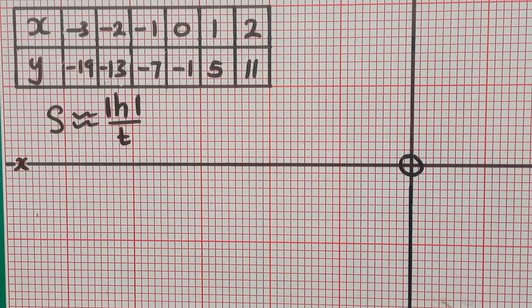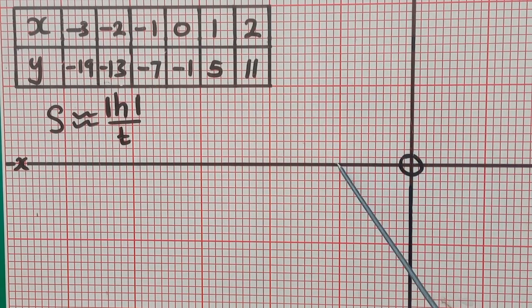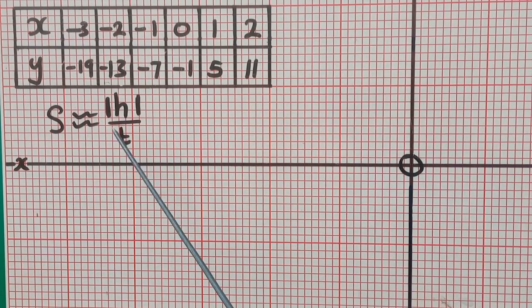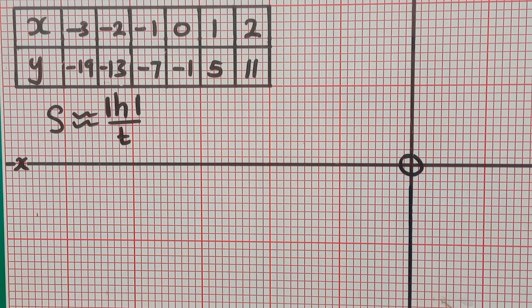Let's count. First, let us get how many intervals from here to the edge. From here to here, 1 interval, 2 intervals, 3 intervals, 4 intervals, 5 intervals, 6 intervals. Don't forget what I said earlier.